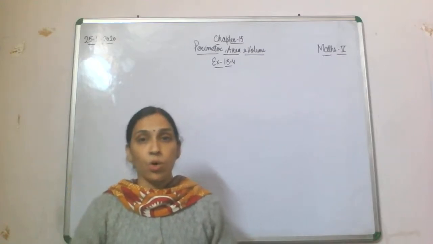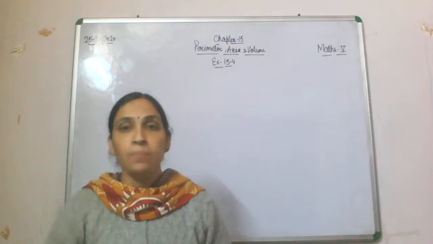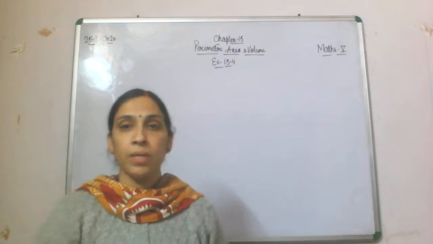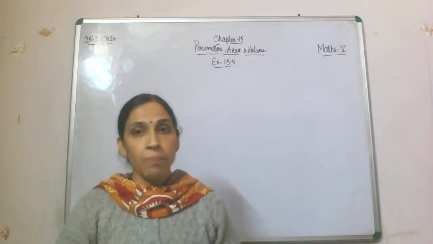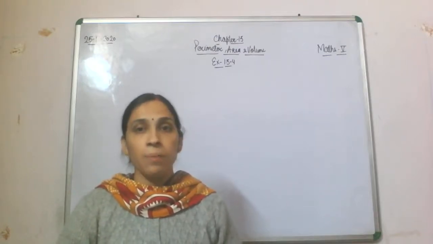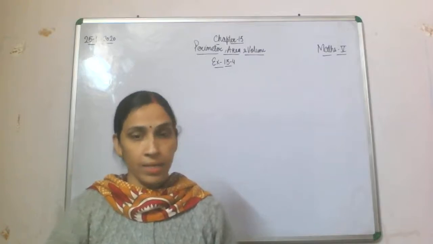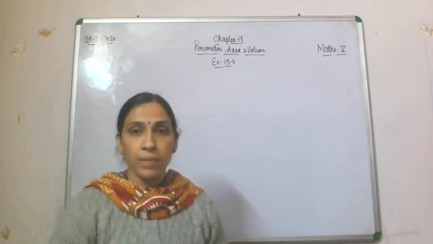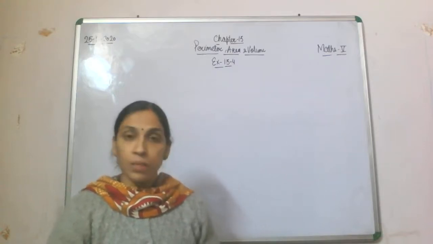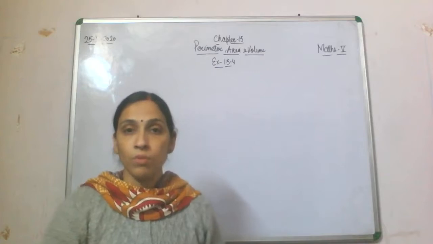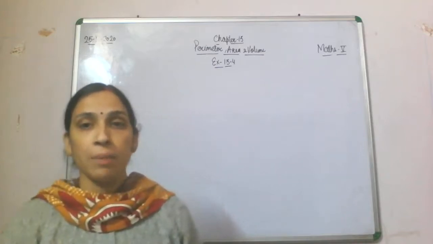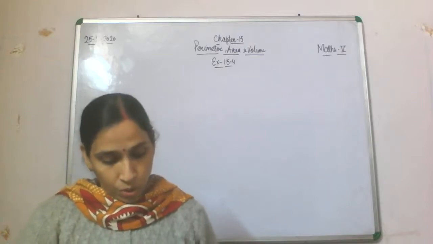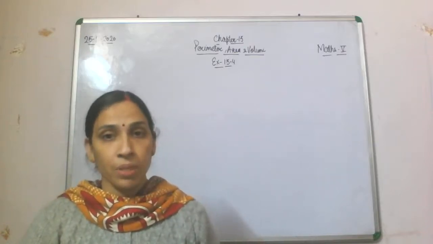All the sides of a cube are equal, and the formula for finding volume of a cube is side multiplied by side multiplied by side. Now volume of cuboid is length multiplied by breadth multiplied by height. So here children, we will start with question number 9.